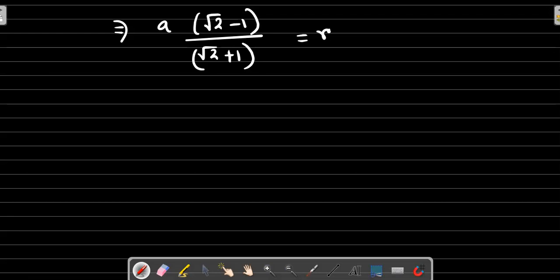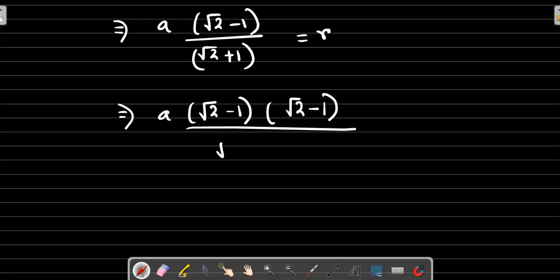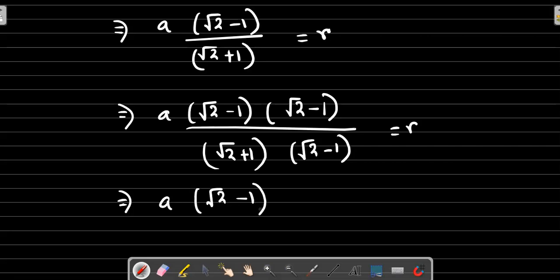Now we will rationalize. To rationalize, multiply the numerator and the denominator by root 2 minus 1. So we get A into root 2 minus 1 whole square divided by root 2 plus 1 into root 2 minus 1, equal to R. Now here you get root 2 whole square minus 1 square in the denominator. How do you get this?